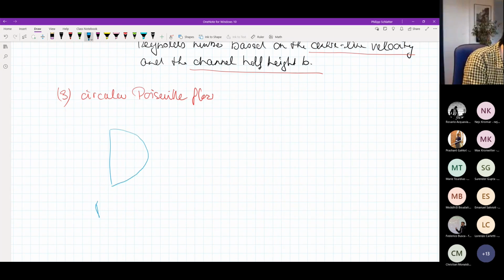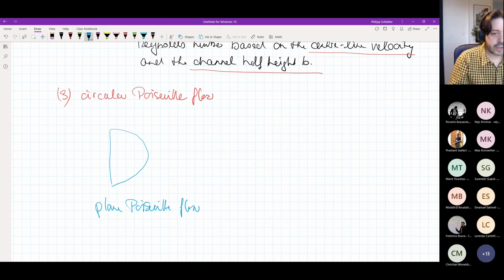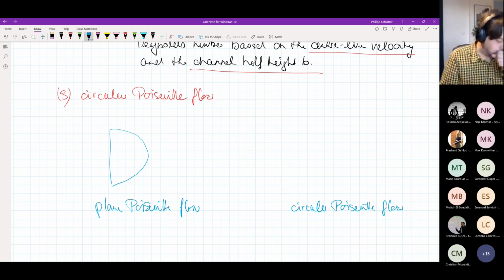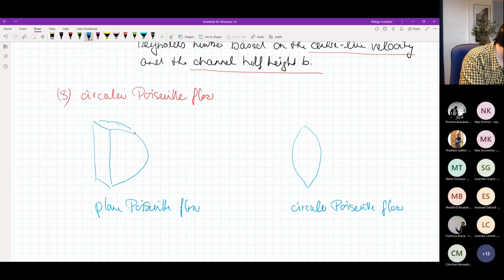So my last comment would be just a comparison between a plain Poiseuille flow, which we just looked at, and here we have the circular Poiseuille flow, where the idea was that it was actually kind of like this.